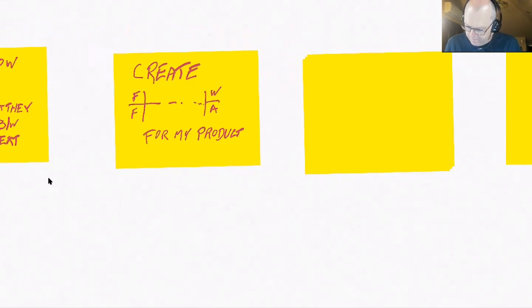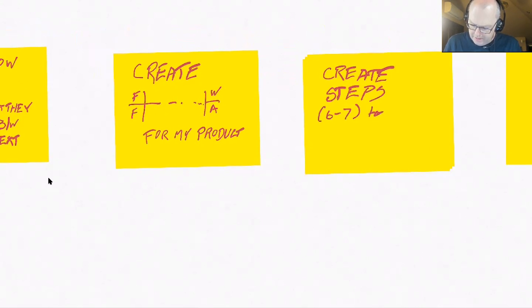Then create steps. We need to create steps, 6 or 7 he mentioned, to get from fears and frustrations to wants and aspirations.